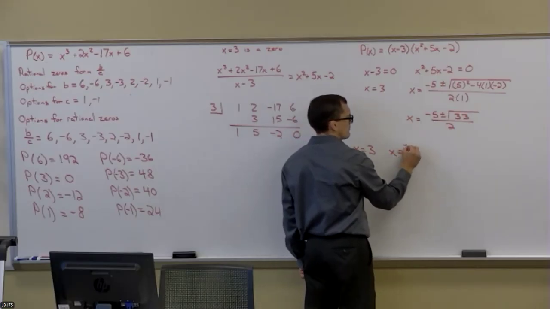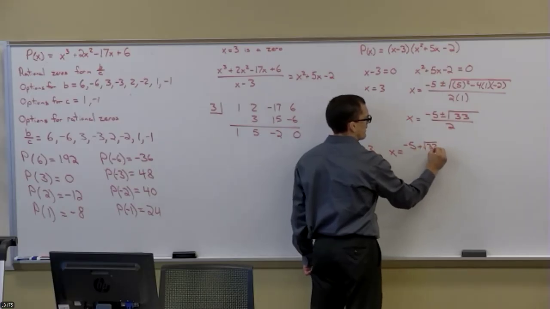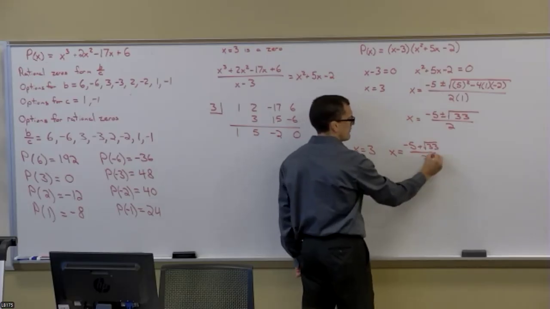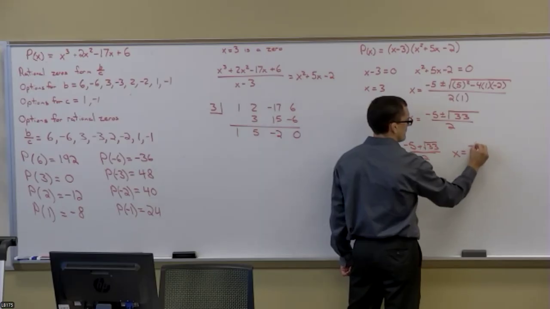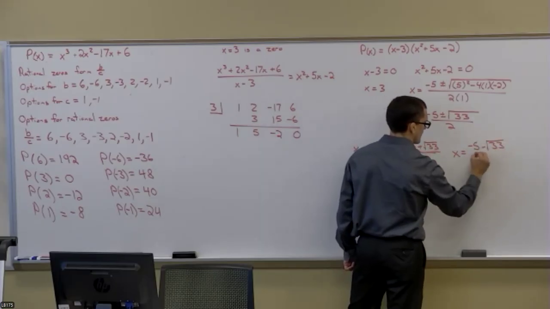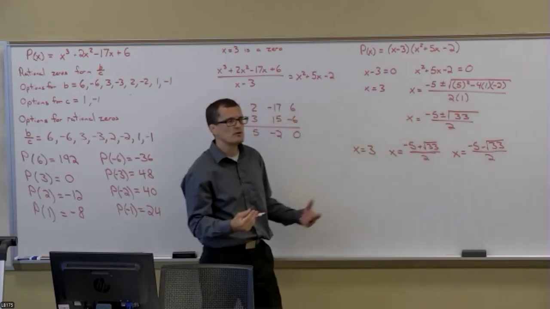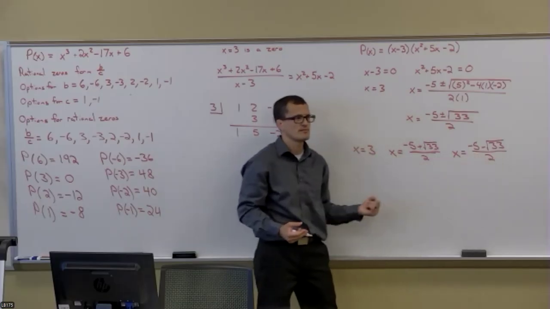One of the zeros is going to be -5 plus the square root of 33, all over 2. The other is going to be -5 minus the square root of 33, all divided by 2. And if Moodle asks for the exact answers, then you can give them like this.